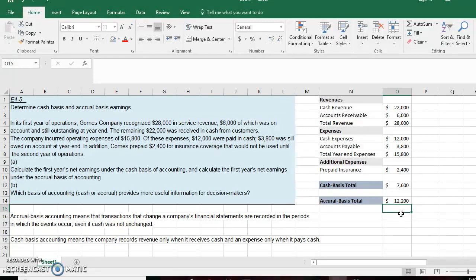So the decision makers are going to want a more accurate accounting representation, which would be this accrual. In fact, in the book, it even says that the cash basis accounting is not in accordance with generally accepted accounting principles. So they are definitely looking for the accrual basis total.